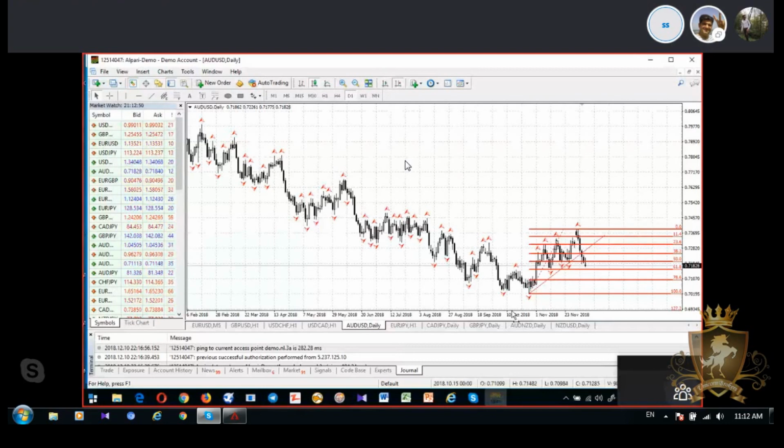Draw a line on your 61% Fibonacci. Where is your 61%? It's under the high. No. The high. It has passed the pivot.